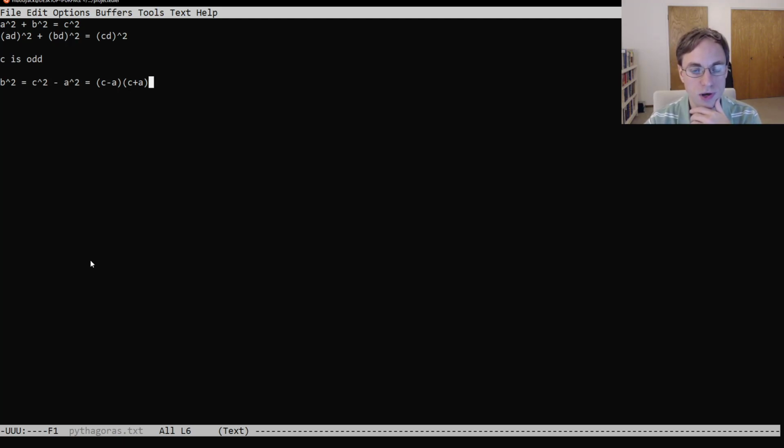And so, one common technique in mathematics is if you can't find a way to make progress by looking at the general problem, you can try looking at a more specific case and see if you can find a solution in that case. In particular, I looked at the equation 7 squared is equal to (c minus a) times (c plus a).